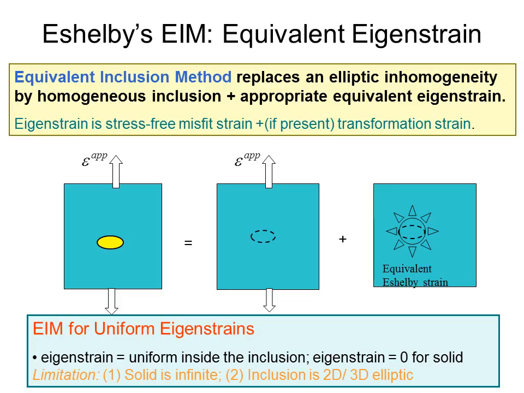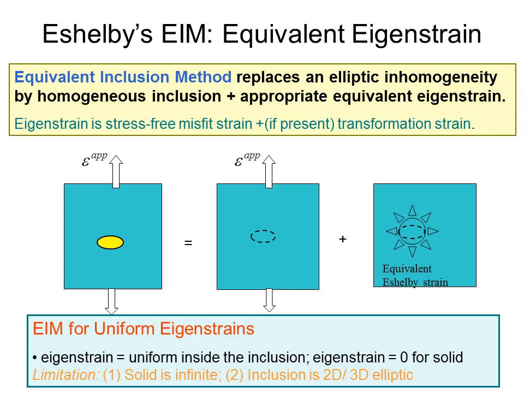So formally, I would like to describe how EIM works. In EIM, you have an inhomogeneity. If it is an elliptic inhomogeneity, you have this matrix material with applied load, and then the equivalent eigenstrain in the matrix material. An eigenstrain is a fictitious term representing a stress-free strain, for example, a thermal strain.